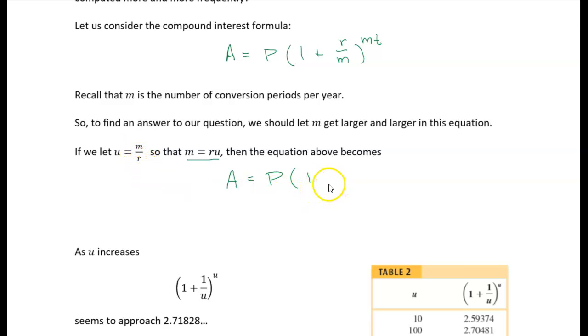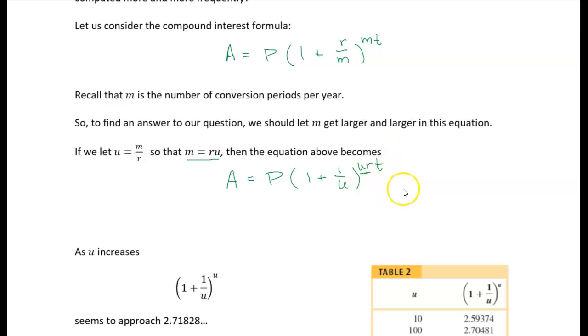So if u is m over r, then r over m is just 1 over u. And like I said, m is equal to ru, which I'm going to write as ur. I'm replacing m with ru, but I'm going to write ur.